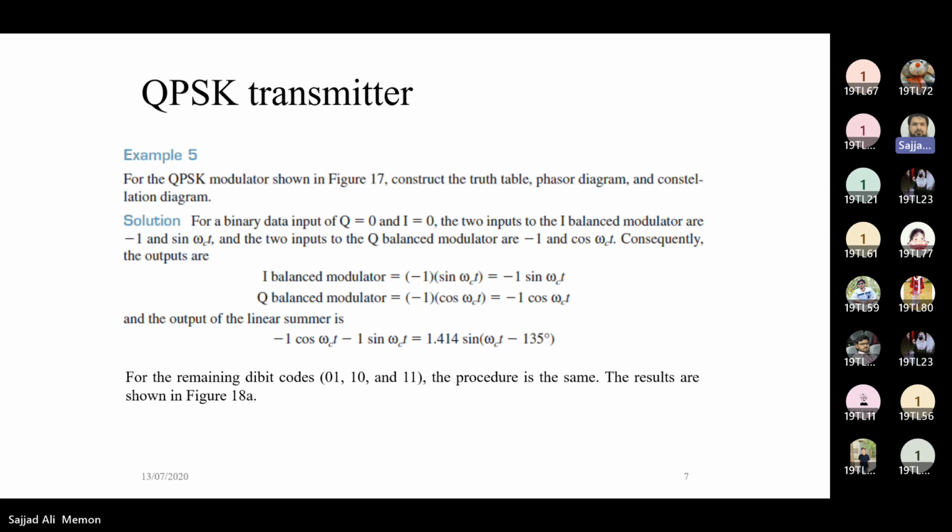So you can see it is equal to 1.414 sine omega ct minus 135 degrees. Does anyone have an idea how we do it? How did we get from minus cos omega ct and minus sine omega ct to 1.414 sine omega ct minus 135 degrees?